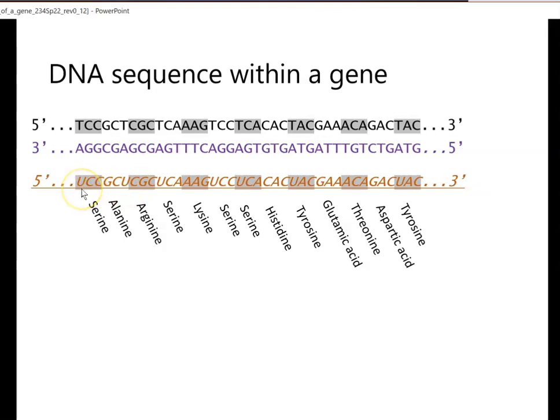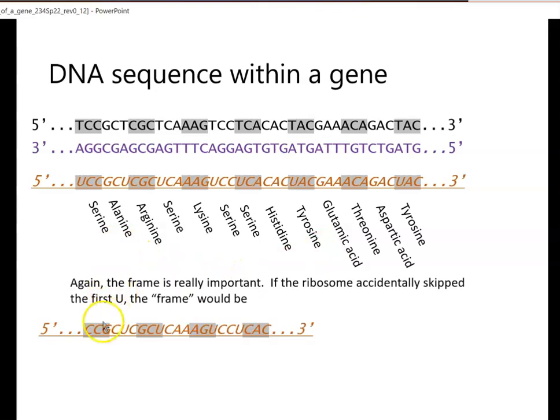But see, it could have defined it differently. It could have said CCG, and then CUC, and then GCU. If the start codon had been in a different place, those would be the codons. So the start codon defines which of those options is the actual group of codons, and it's really important.